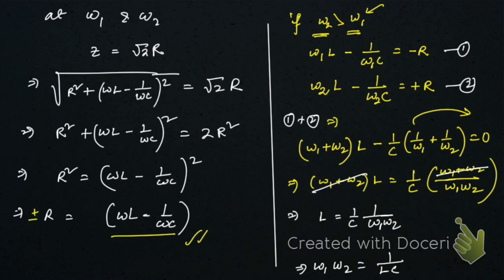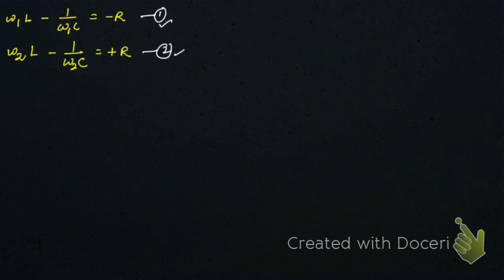Now if you subtract these two equations, what are you going to get? Let us subtract 1 from 2. So let me go to the next slide and rewrite these two equations. If you subtract 1 from 2, that means 2 minus 1, in that case you will get this minus this, then L will be common, so you will get omega 2 minus omega 1.